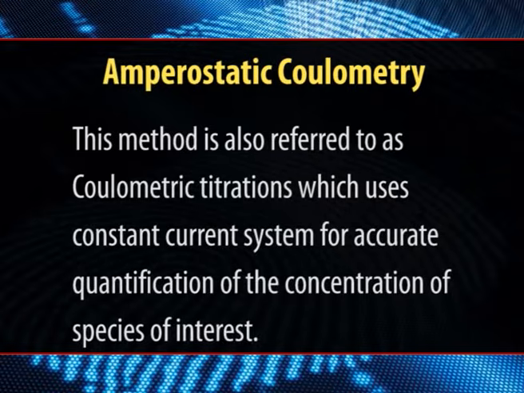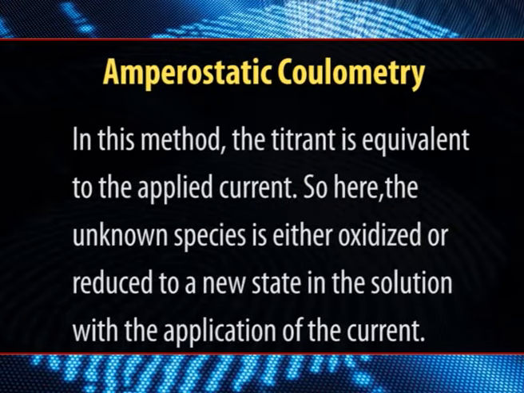This method is also referred to as Coulometric Titrations, which uses a constant current system for accurate quantification of the concentration of the species of interest. In this method, the titrant is equivalent to the applied current. So, here the unknown species is either oxidized or reduced to a new state in the solution with the application of current.